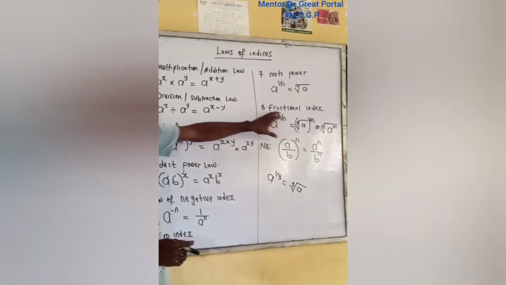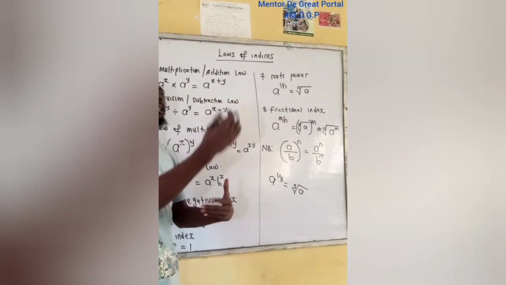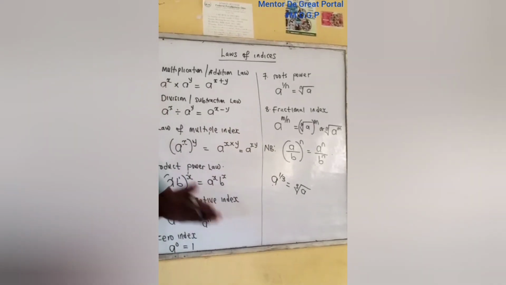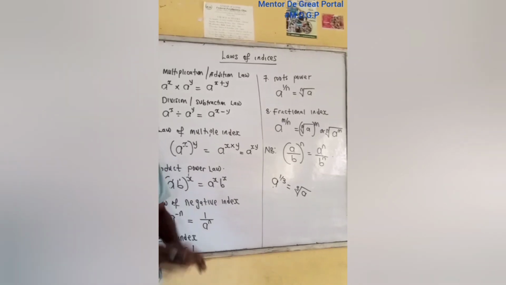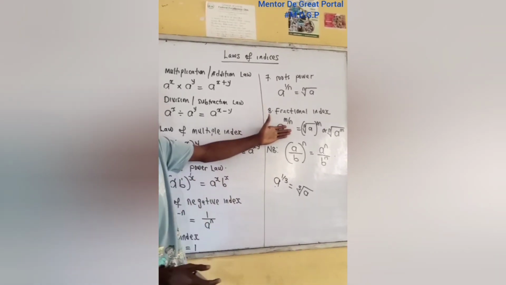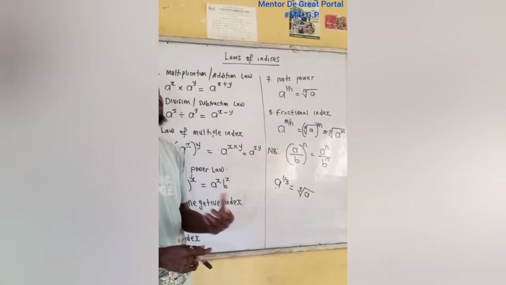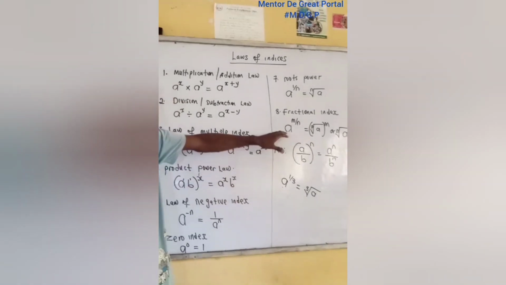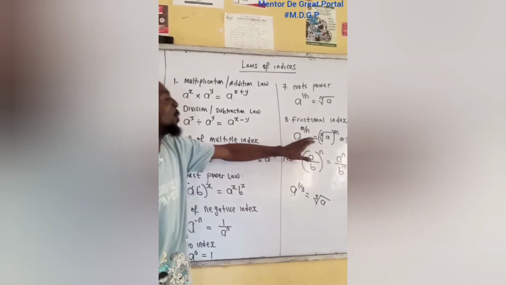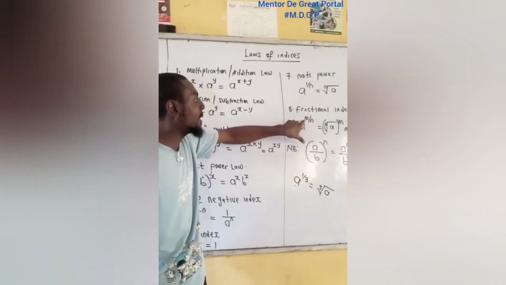Then fractional index. The fractional index is when the index is a complete fraction that has a numerator and a denominator that is visible. The difference between this law and the previous law is that it is restricted there that the numerator of the fraction must be what? 1. Then the fractional index is a complete fraction. So when you have such a case, you're going to have any root, the denominator of that index.